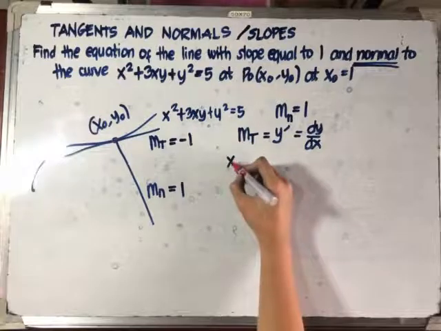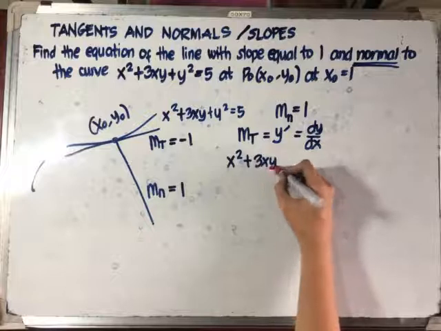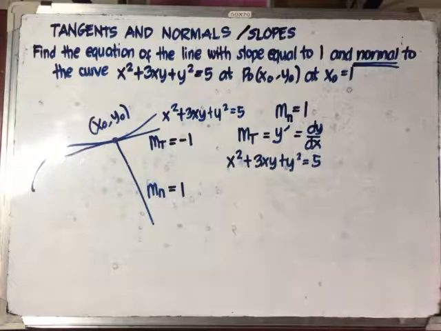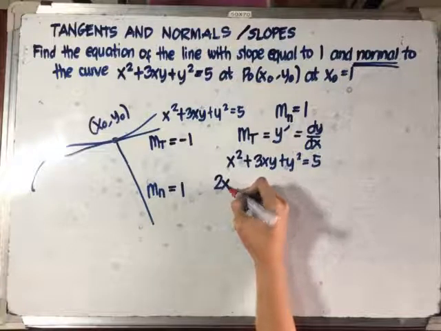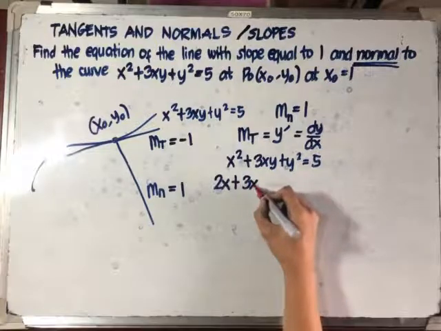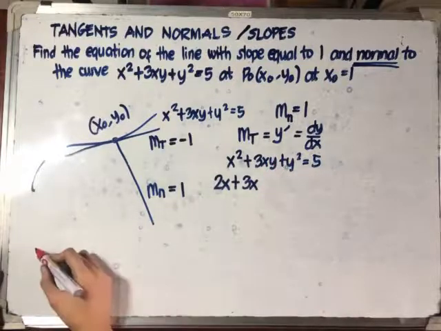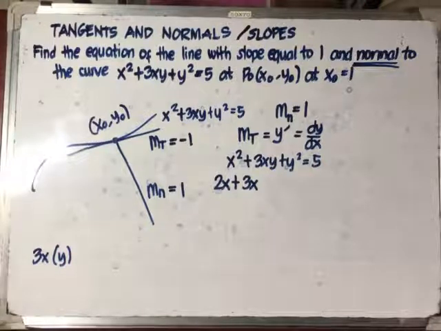Now, we have this function x squared plus 3xy plus y squared equals 5. We need to apply implicit differentiation here. So we have 2x, differentiating with respect to x, so that's 2x plus, for 3xy, this is multiplication of 3x and y, so it's u dv plus v du.